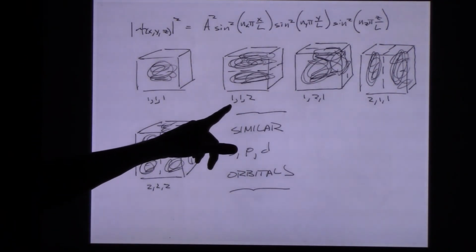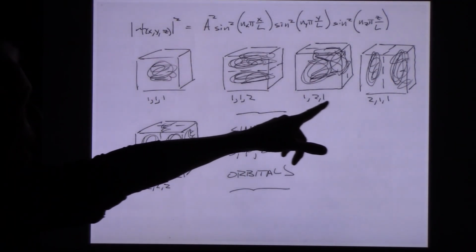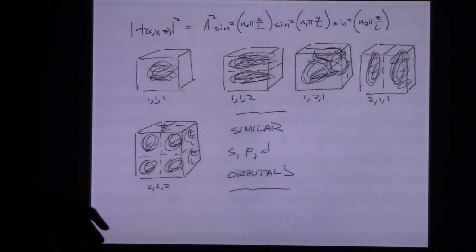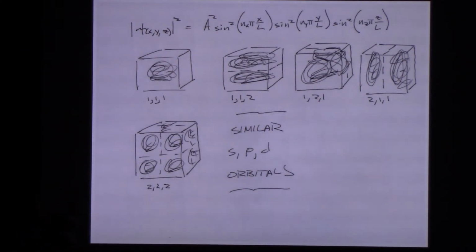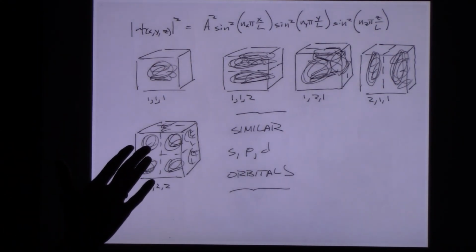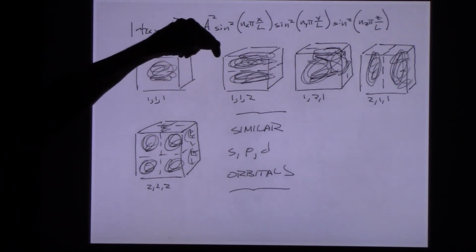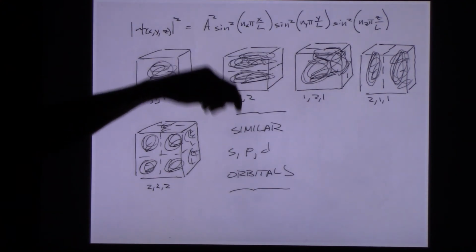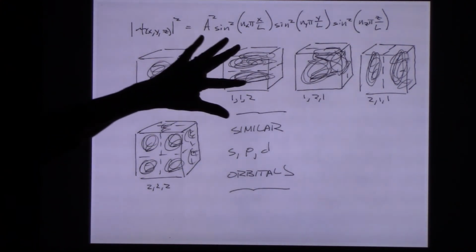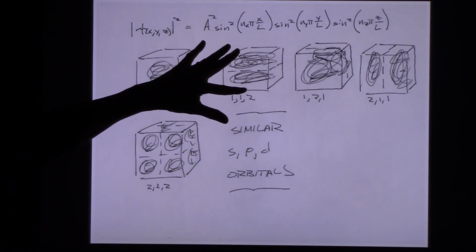What would happen if I now jumped up to the 1, 1, 2, 1, 2, 1, 2, 1, 1 states? Here we would have nodes, either in the x direction, the z direction, or the y. In just one of the dimensions, we would divide into 2. So I would have a flattened sphere, top and bottom, a spheroid.